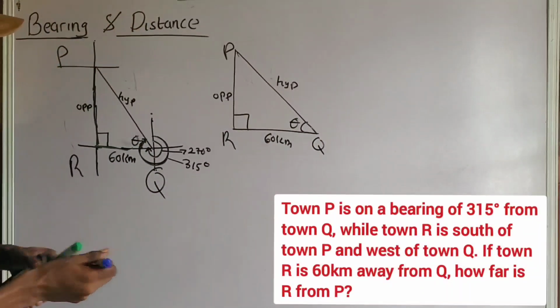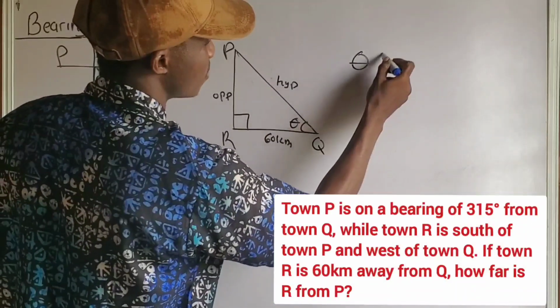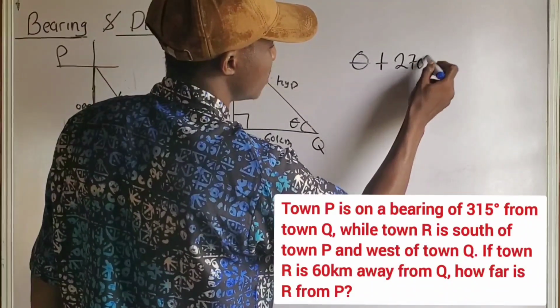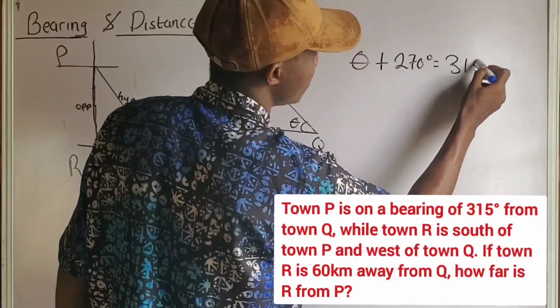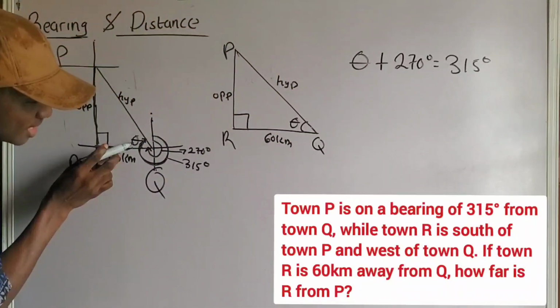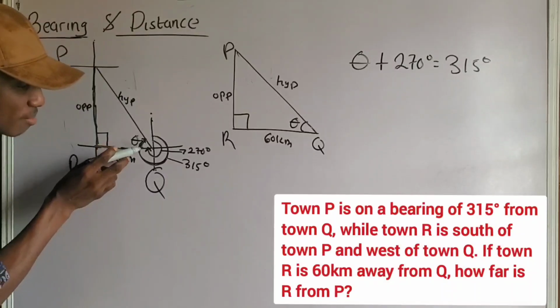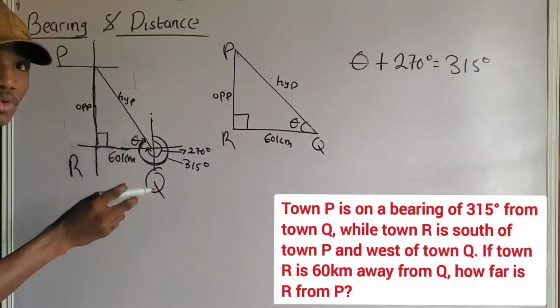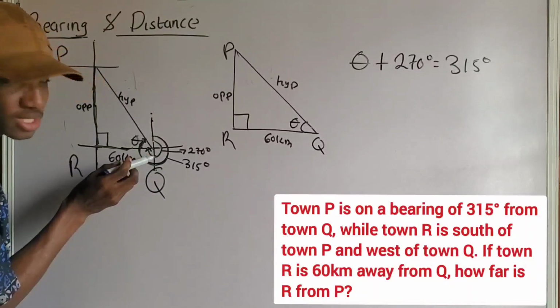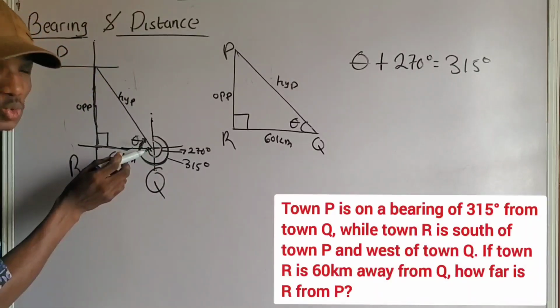So theta plus 270 degrees equals 315 degrees. Do you get it? That is, this smallest angle plus 270 degrees. How do I get 270 degrees? From this point to this point is 90. From this point to this point is 180. From this point to this point is what? 270.